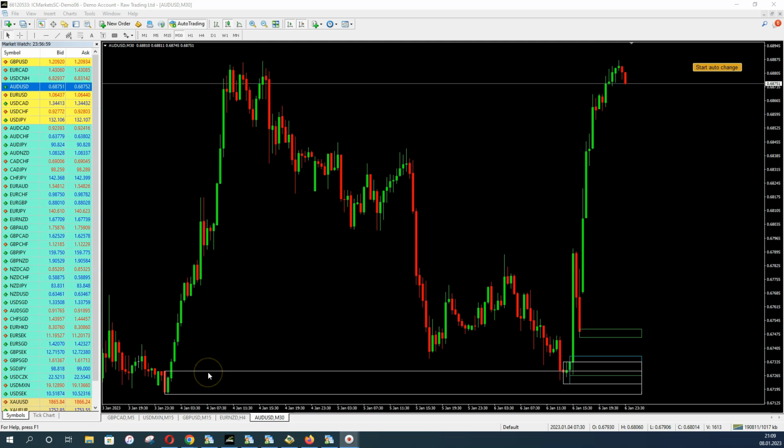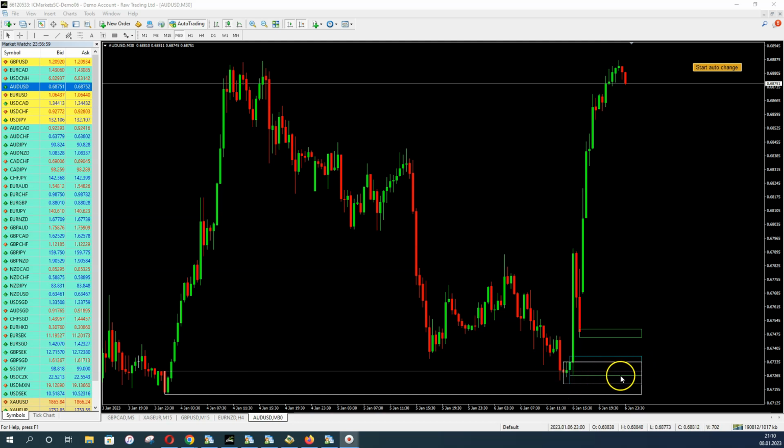White stands for H1, so it has been created on the hourly time frame. Then we have this smaller H1 box. It's also created on the H1, a second demand zone. So this one was created on January the 3rd, and this one has been created here on January the 6th.